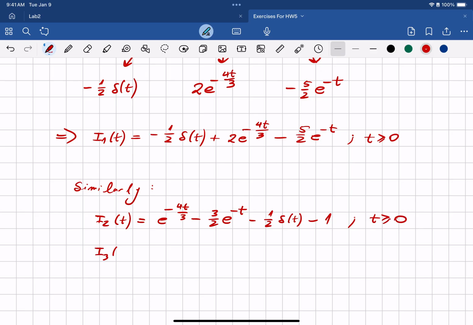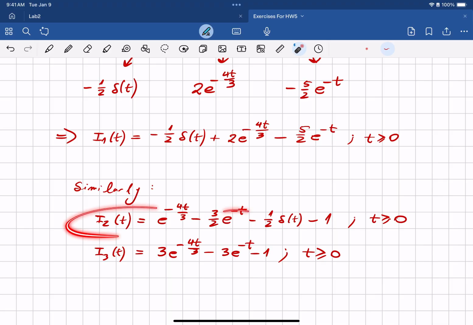And finally, I3 of t is going to be 3 exponential of minus 4t over 3 minus 3 minus t minus 1 for t greater or equal to 0. So how do we get the solutions?